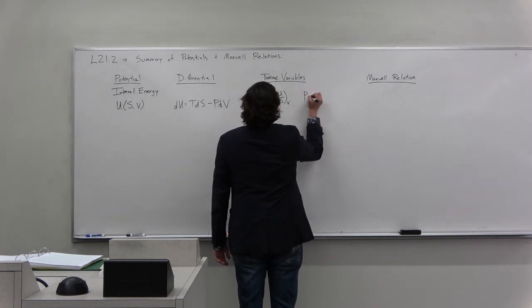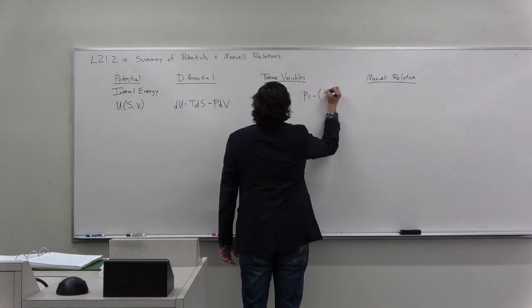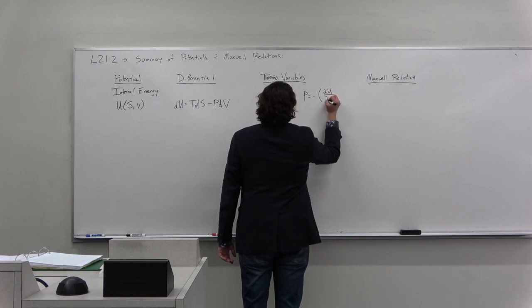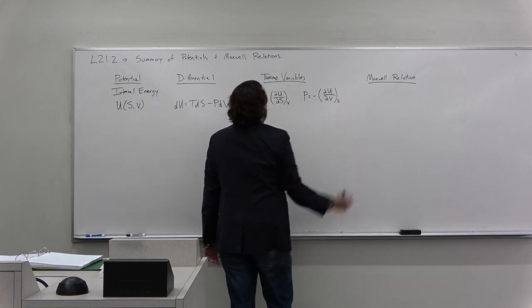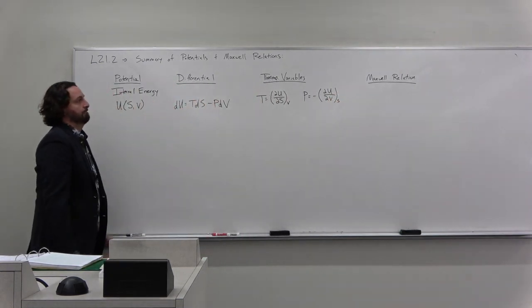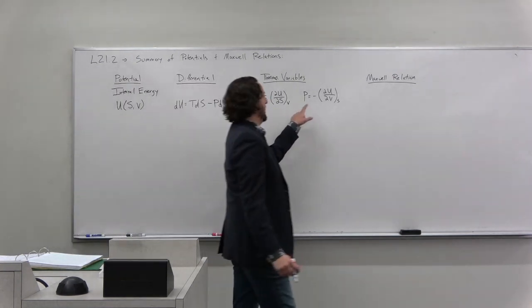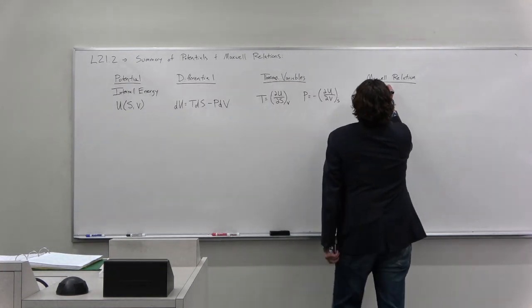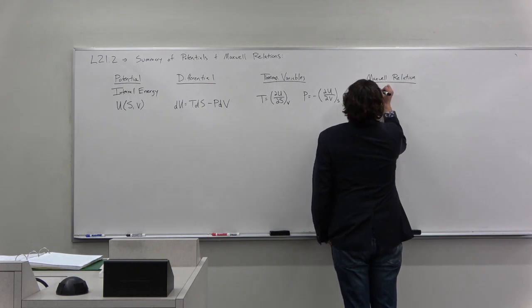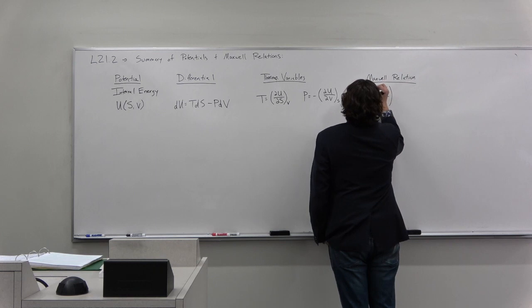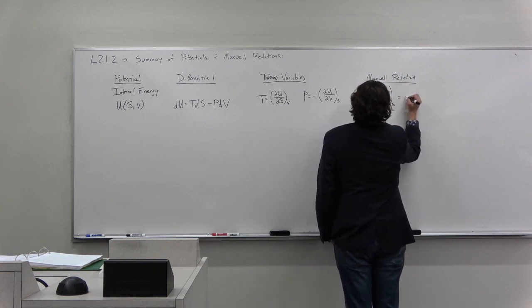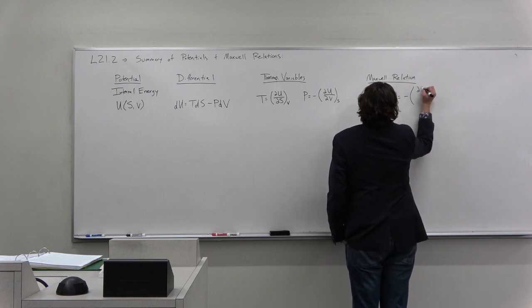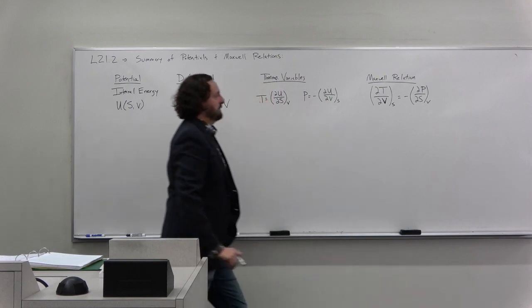And P was minus partial U partial V at constant S. And our Maxwell relation came from the mixed partials. So our Maxwell relation is partial T partial V at constant S is minus partial P partial S at constant V.